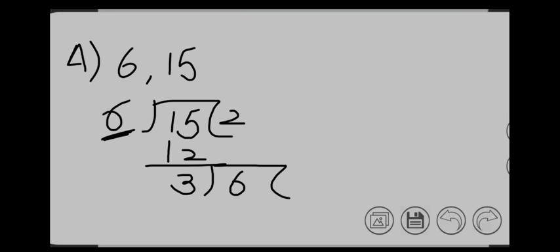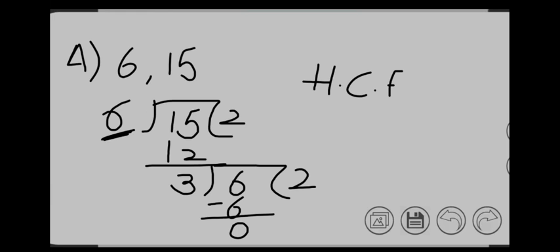Now we will be dividing 6 by 3. So 3 2s are 6, this is the quotient, 3 2s are 6, and after subtracting the remainder is 0. So we have to solve it until we have reached the remainder 0. We have to solve it till then. Now in order to find the HCF, we will be checking the last divisor.